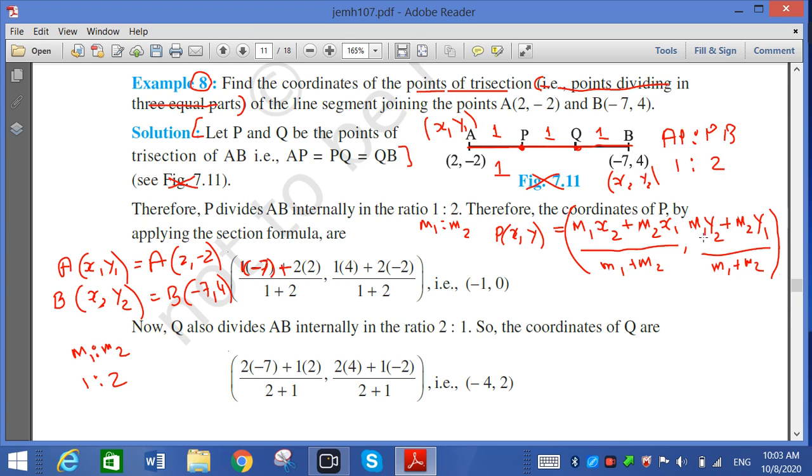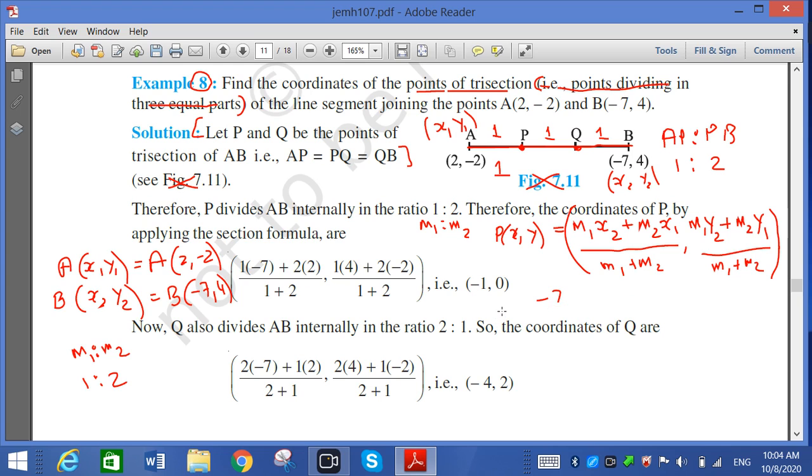Comma, m1 y2, m1 is 1, y2 is 4, so 1 into 4, plus m2, which is 2, into y1, which is -2, over 1 plus 2. If I simplify here: -7 plus 4, that is -3, divided by 3, that is -1. So here -1 is there.